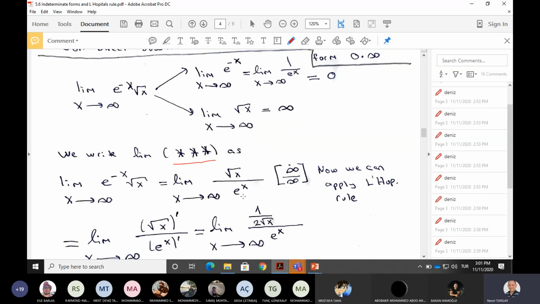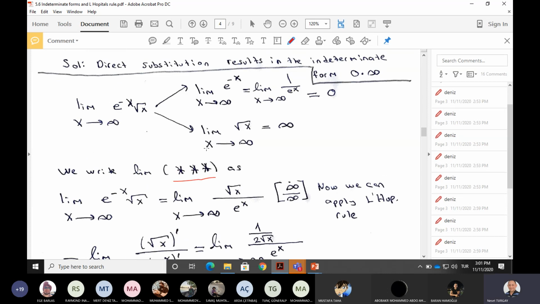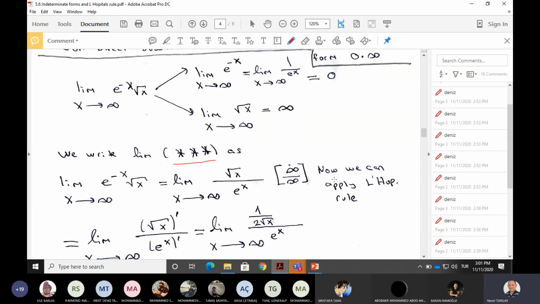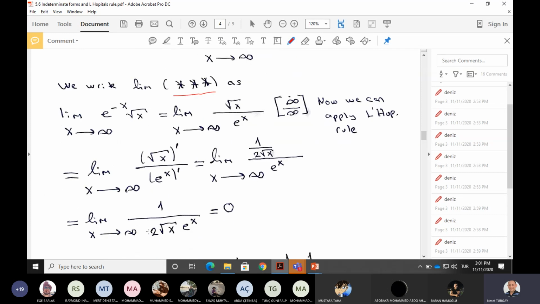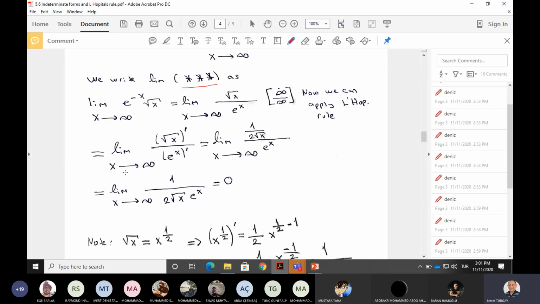And we know that the derivative of e to the power x is just the same. Doing that, this form turns to infinity over infinity. And you use L'Hopital, so what happens? 1 over 2 root x over e to the power x, which is this. As x goes to infinity, this also goes to infinity. Infinity times infinity is also infinity. Then the answer is 0. Any question?